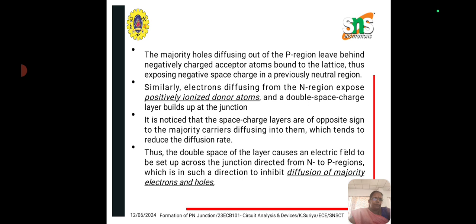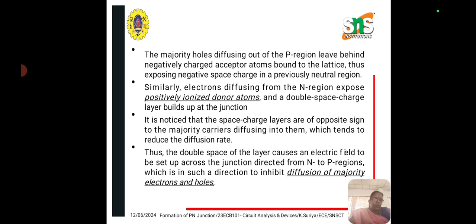The majority holes diffusing out of the p region leave behind the negatively charged acceptor atoms bound to the lattice, thus exposing a negative space charge in the previously neutral region. Similarly, a positive space charge will be created by the n region, and a double space charge layer builds up at the junction.